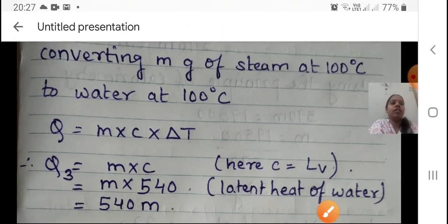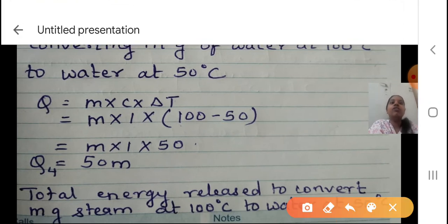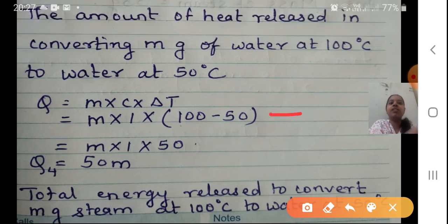Now see here. What is our next step? The amount of heat released in converting m gram of water at 100 degrees Celsius to water at 50. Now the final temperature is 50, right? So the difference will be 100 minus 50. How much is m? We don't know. C is 1 for water. There we took it for steam, here we have taken it for water.